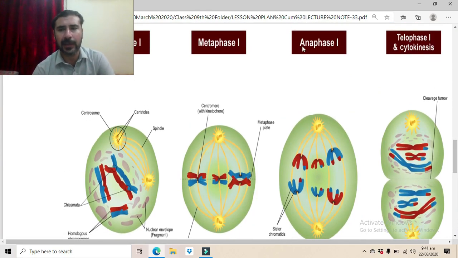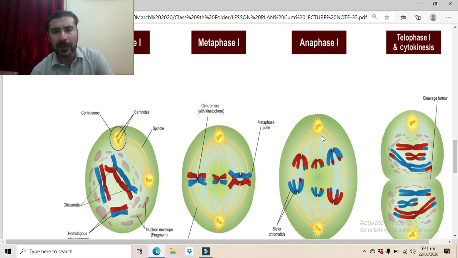This is the anaphase. In the anaphase, what happens basically? As we have already discussed, in metaphase the spindle fibers from each pole attach with one chromosome of the homologous pair. From this centriole, the spindle fibers are attached with this red chromosome of the homologous pair, and from here it is attached with the blue one.